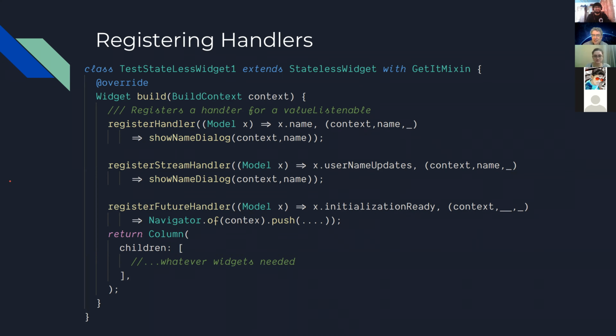And Flutter commands are all themselves value notifiers. So combining Flutter commands with the get it mixin is an extremely powerful combination. I highly recommend reading the README of Flutter command. I think it's quite easy to understand.